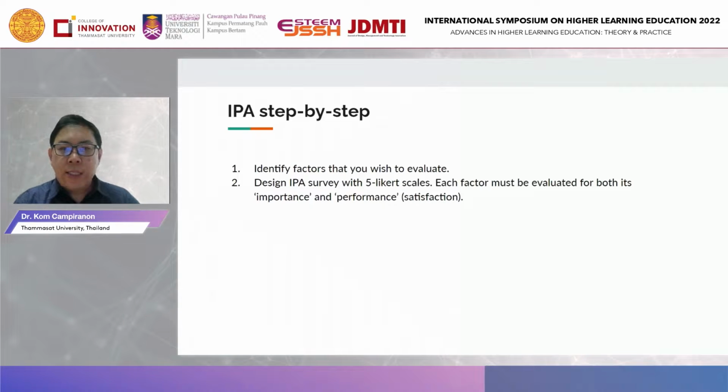In each factor, we will evaluate in terms of importance and performance. Now, in ServQual that I talked about previously, it is different. What we measure is expectation and perception, right? But for IPA, we measure importance and performance, right? So you can see that these two techniques are measuring different aspects of service.